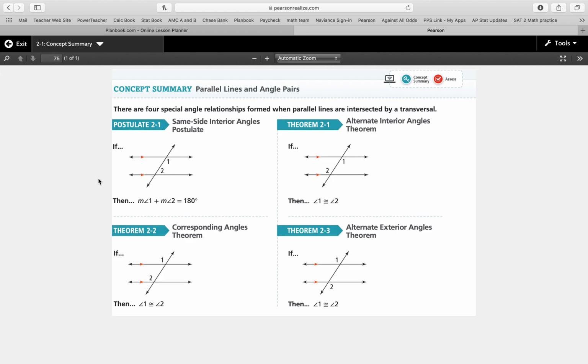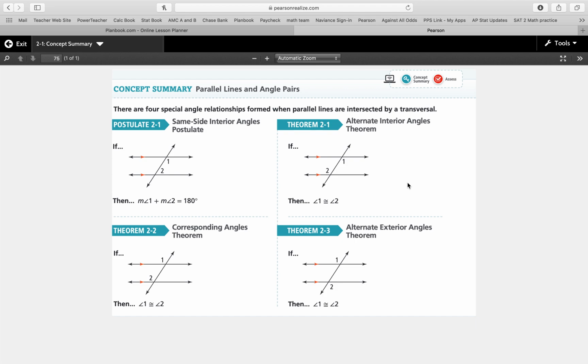So overall, we have really 4 important postulates and theorems. We have the same side interior postulate, which says that if 2 parallel lines are cut by a transversal, then they are supplementary angles. And then the alternate interior angles, corresponding angles, and alternate exterior angles are all stating that they are congruent angles if I have 2 parallel lines cut by a transversal.